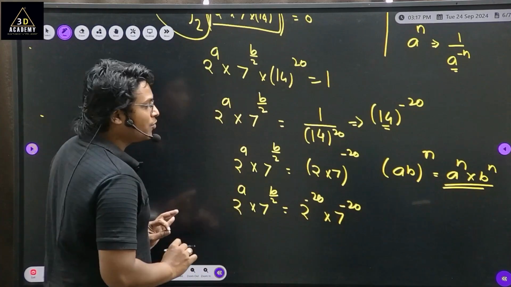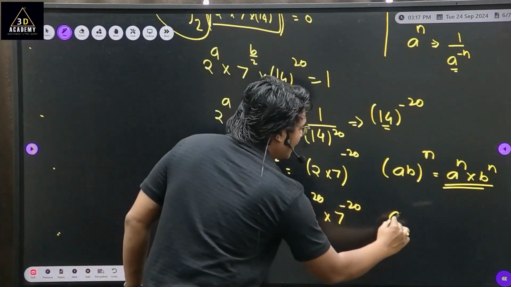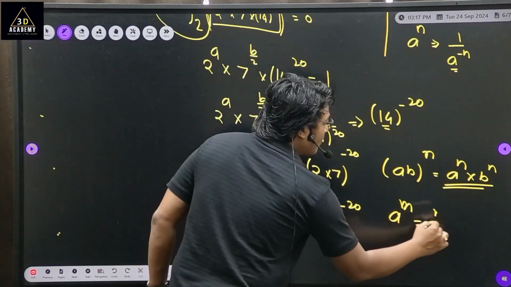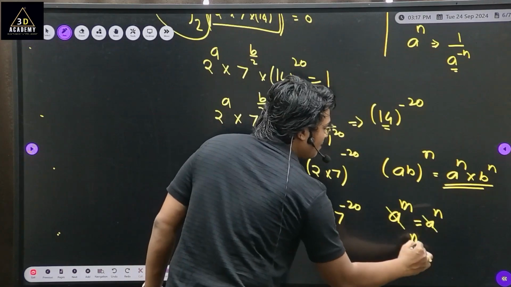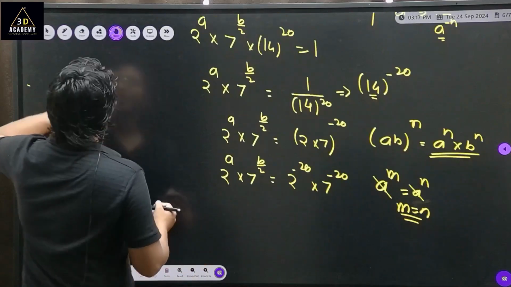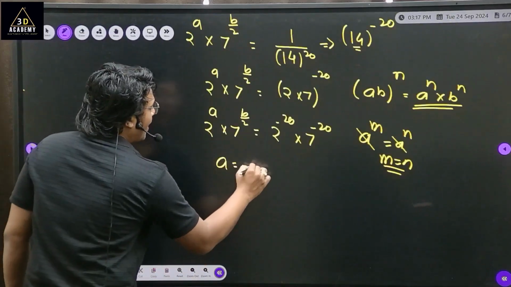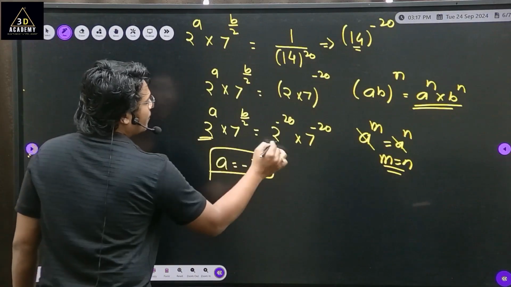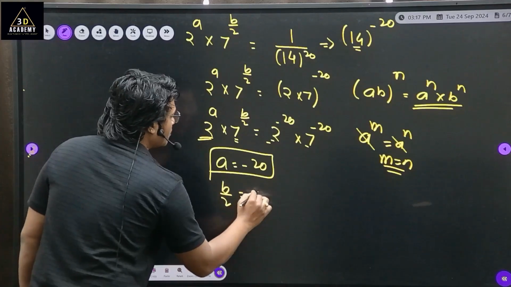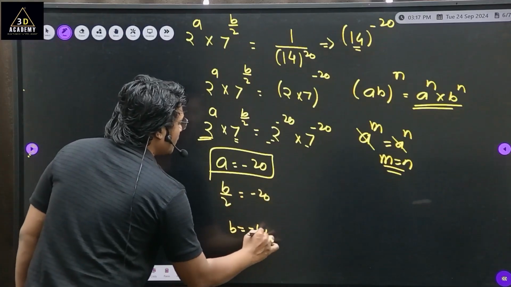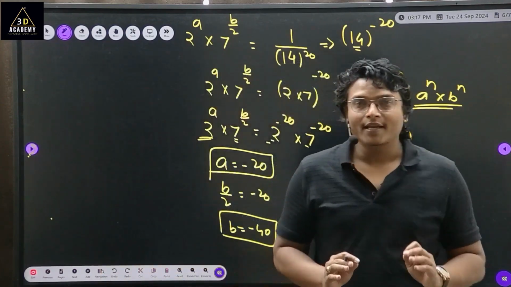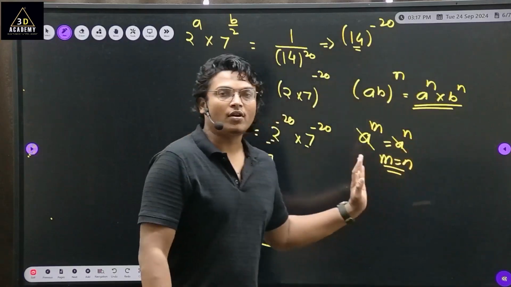Now again see, there is one property in indices: if a raised to power m equals a raised to power n, then when the base is the same, the powers will be equal, correct? The same thing is going to happen here. So what I get here is a equals minus 20, because the base is 2, and for base 7, b upon 2 equals minus 20, so b is equal to minus 40. So a's value is minus 20, b's value is minus 40. Getting it? This is how we solve this question.